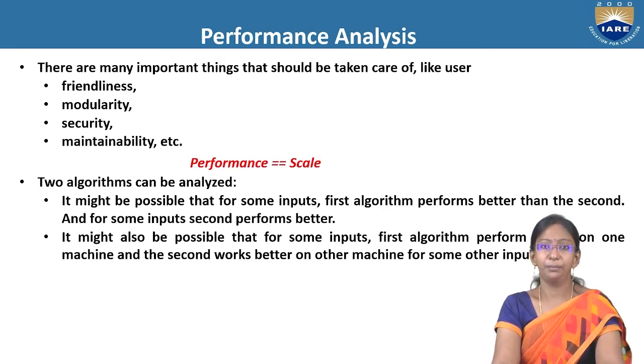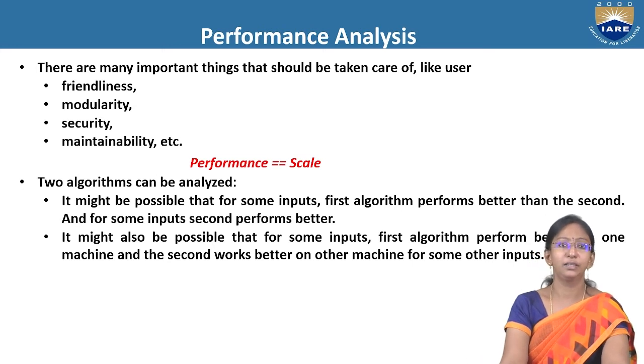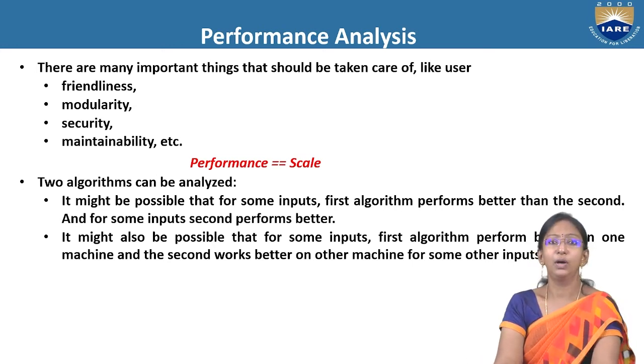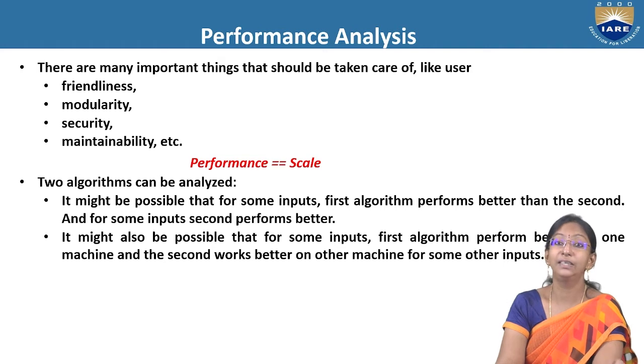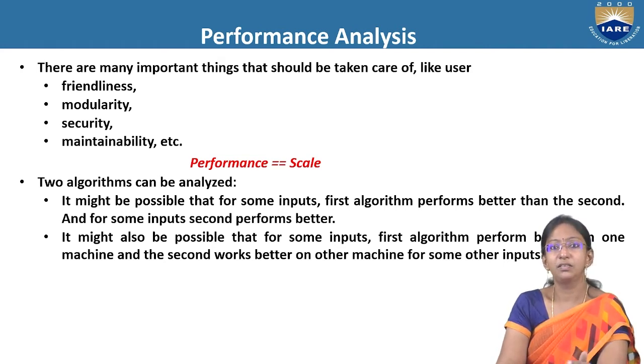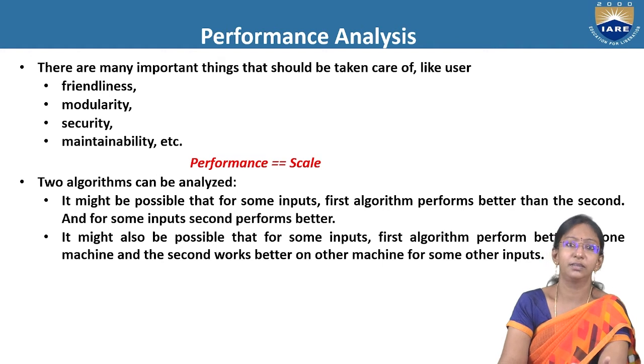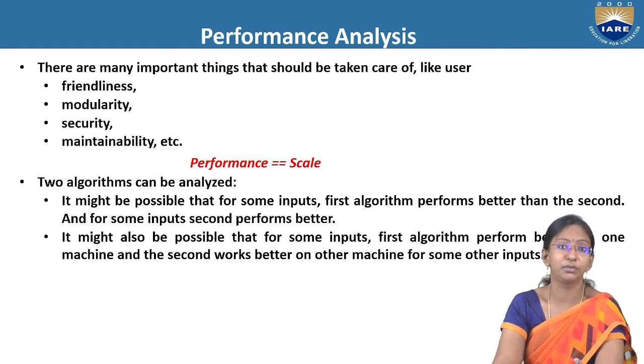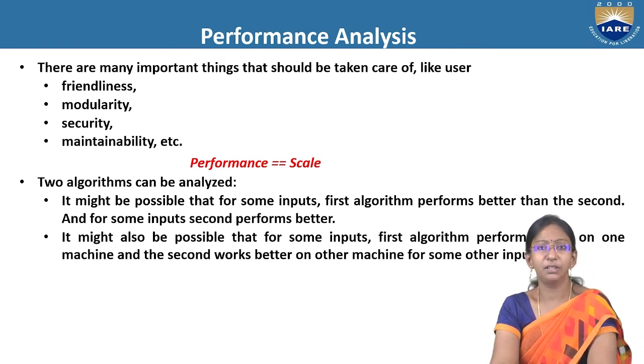So say, for example, you have two algorithms to be analyzed. These two algorithms are the solution for a given problem. So how to analyze them? With the same input on two different systems, or the same system but two different inputs, right? So n number of ways are there to evaluate. So have a look at this one.